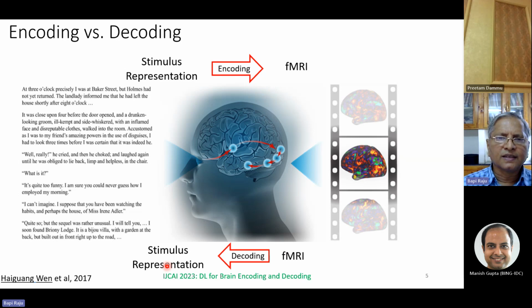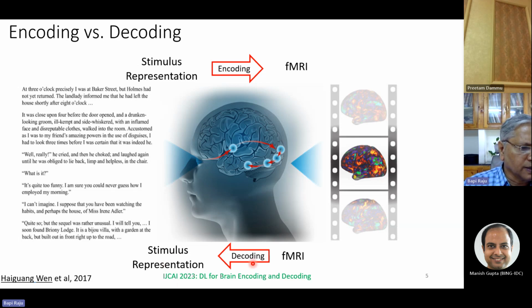In some sense, it is what Manish has tried to convey. The excitement is like reading the mind. I give you the brain activity, and can you predict what kind of stimulus the person might have been experiencing to give rise to this kind of brain activity?